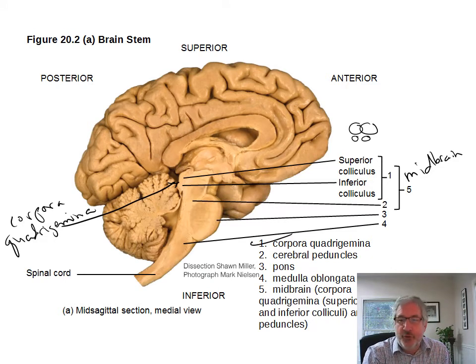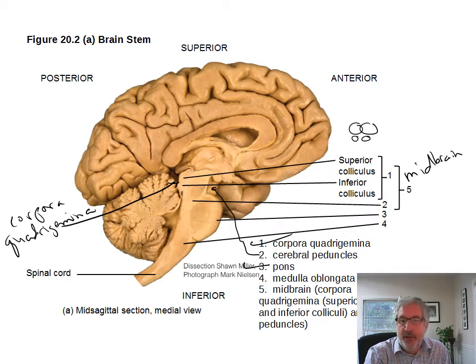Then we have what are called the cerebral peduncles, and that's right there is a cerebral peduncle. Ped means foot, so it's really a connector or extension. Those are actually tracts of axons going up into the brain, into the cerebrum. Then you have the pons.